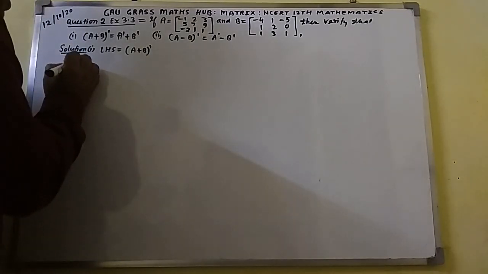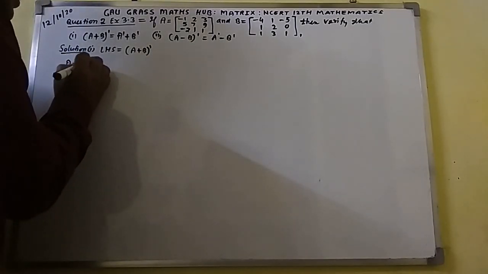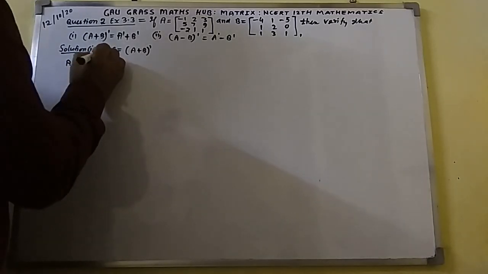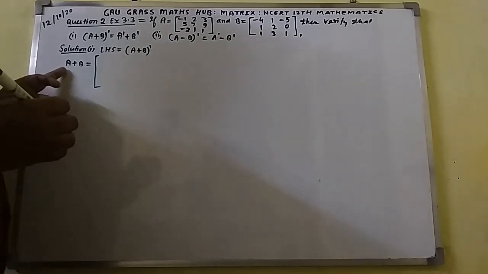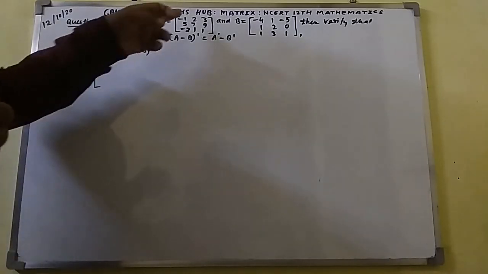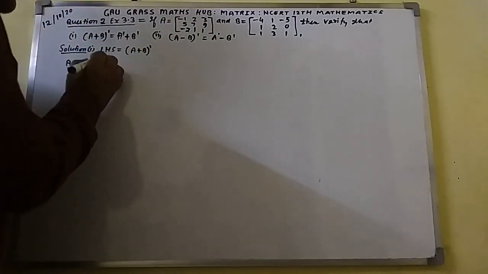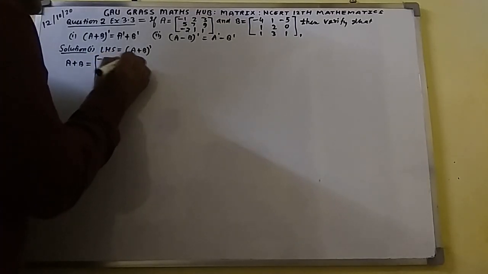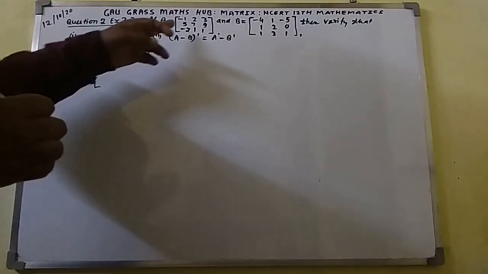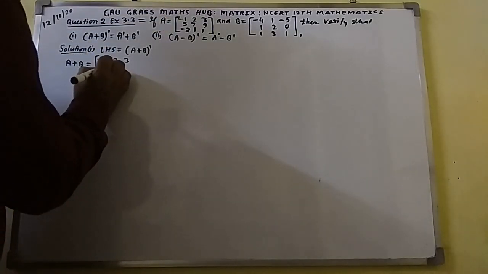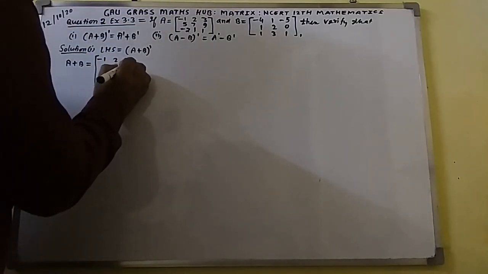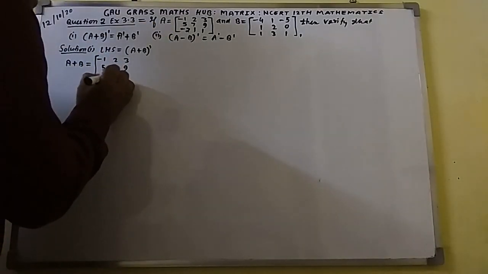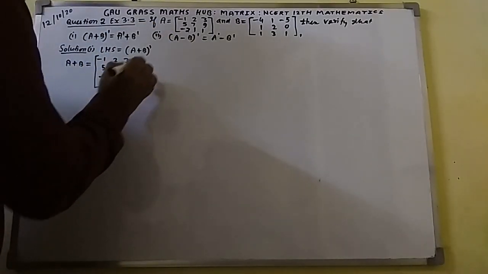So here I shall write A plus B equals, in square brackets, the given matrix A written first. The elements of the first row are -1, 2, 3, the second row 5, 7, 9, the third row -2, 1, 1.